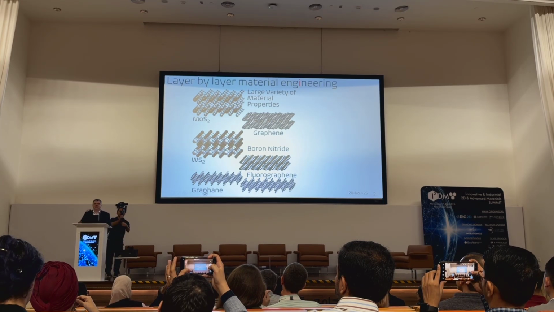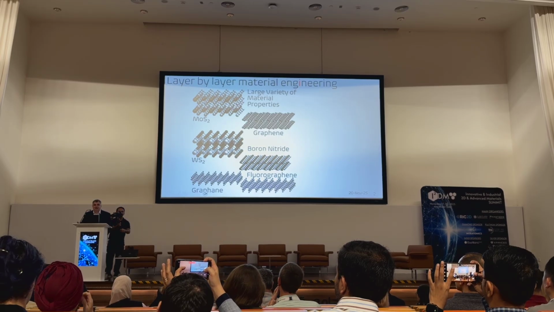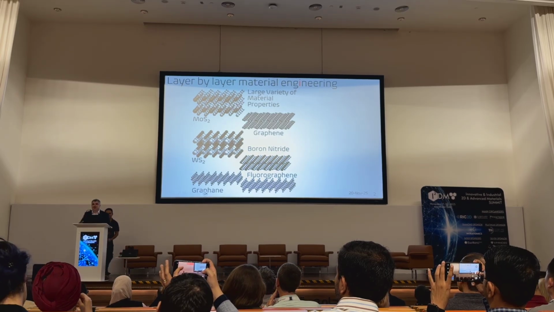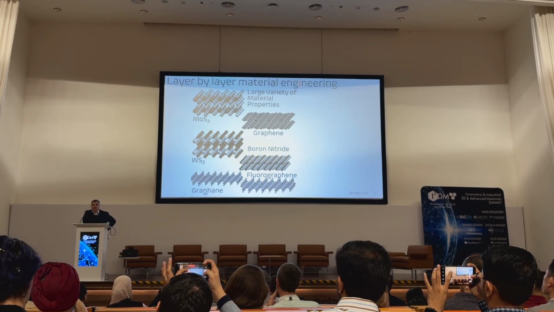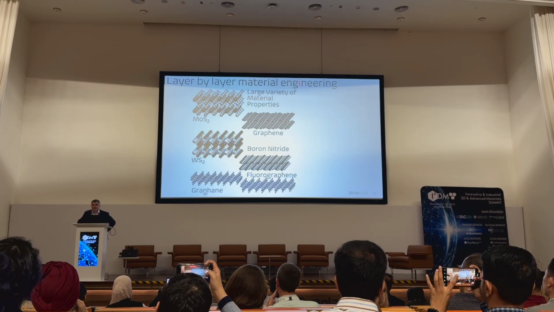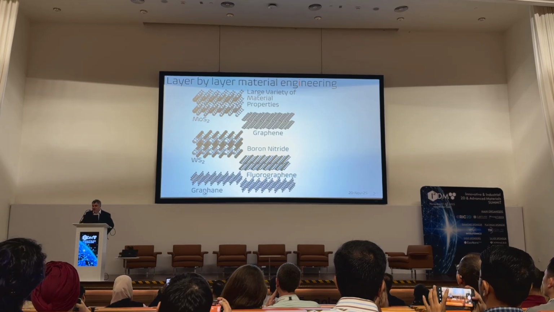Physics in 2D would be quite different than physics in 3D, so it's really great by itself that we can study this two-dimensional physics, different types of physics in those materials.